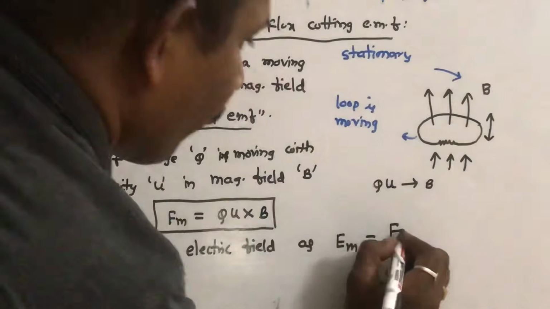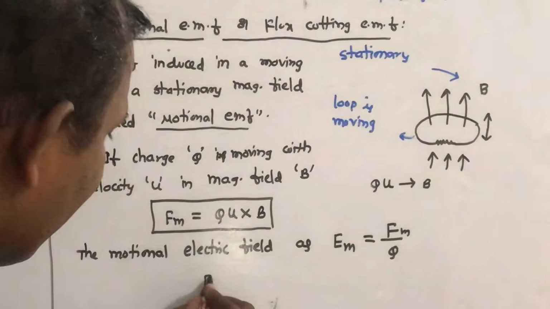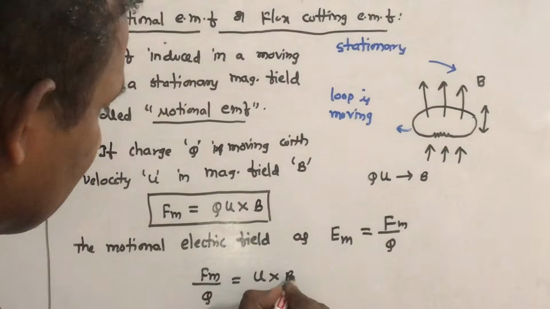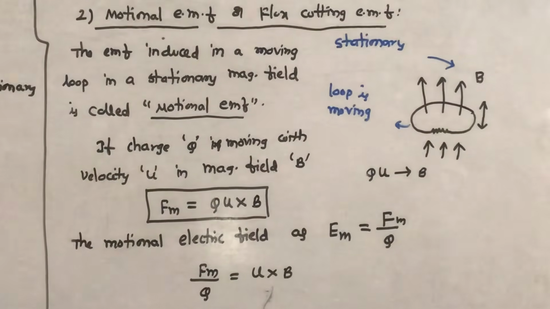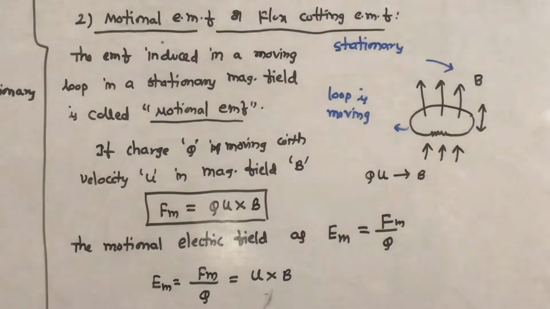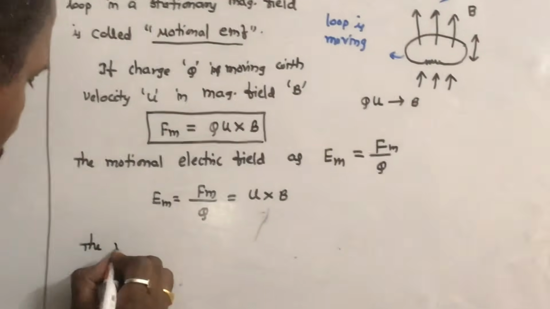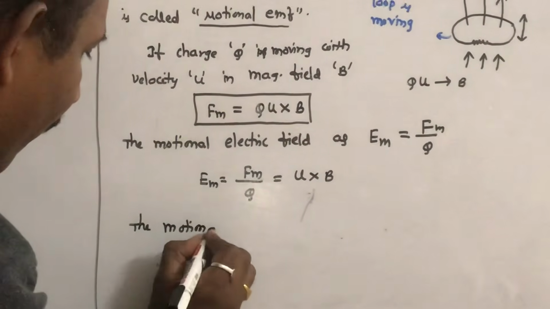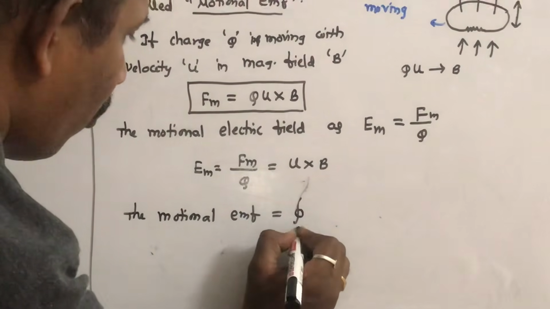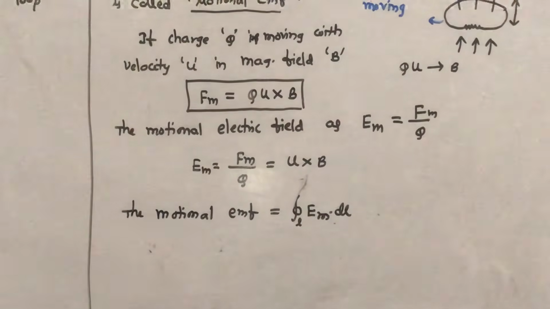So Fm by Q is equal to u cross B, so that is Em. So now the motional EMF, very, very simple formula, is again the closed loop integration of Em dot dl.